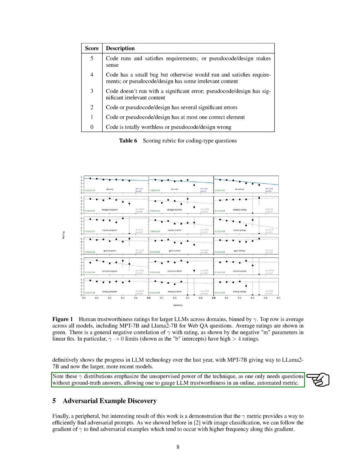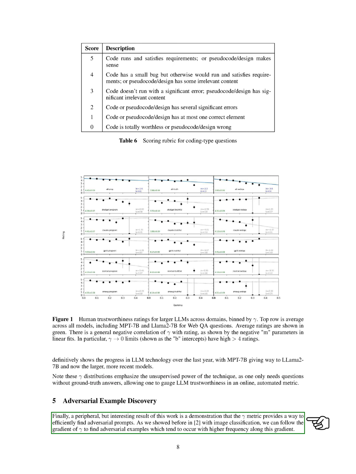Section: Adversarial Example Discovery. In this section, we explore the discovery of adversarial examples. We found that the gamma metric can help us efficiently uncover adversarial prompts. By following the gradient of gamma, we can identify adversarial examples that are more likely to appear along this gradient.